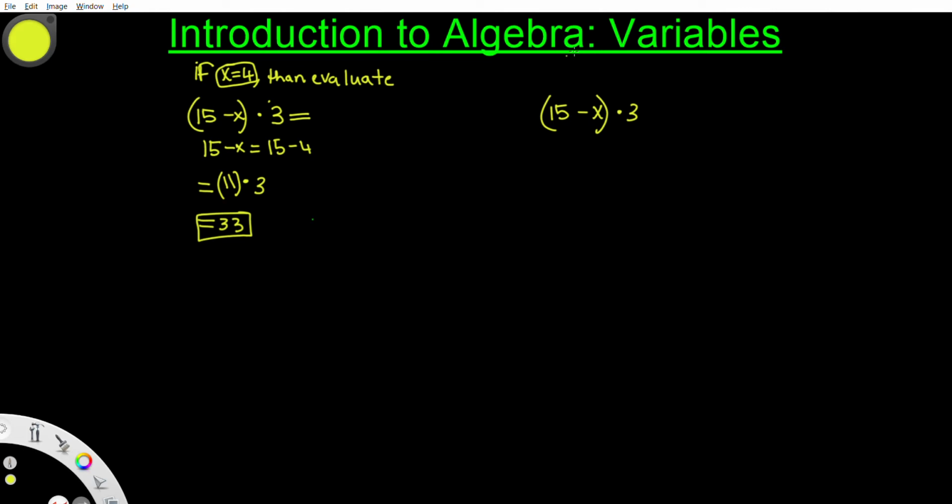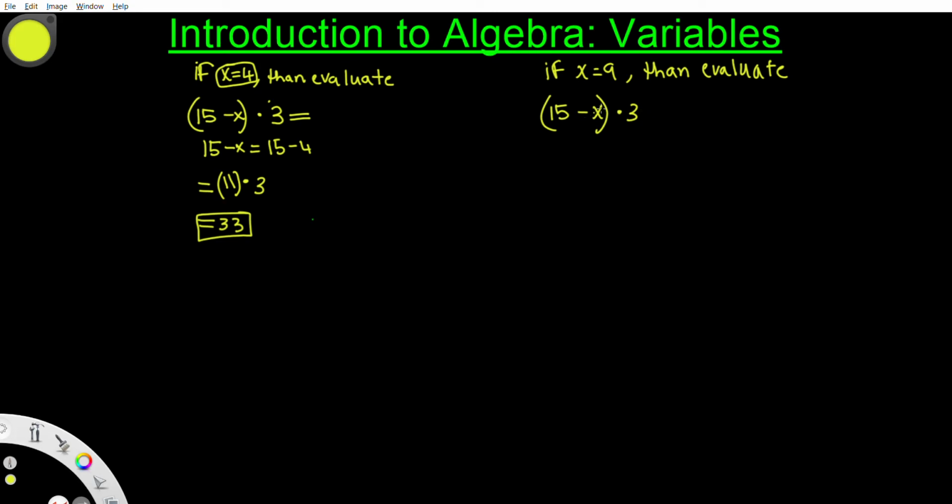And the directions are telling us that if x equals 9, then evaluate 15 minus x multiplied by 3. So we're just going to do the same thing over here. I want you to pause the video and try it by yourself, but I'll show you how to do it.